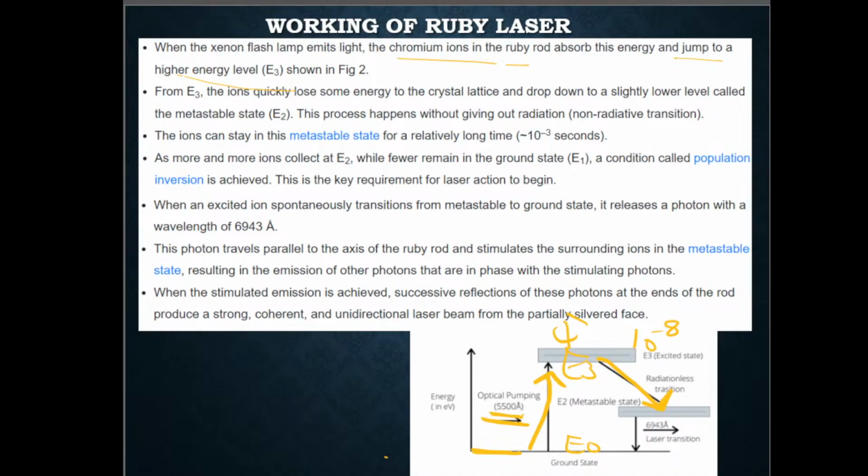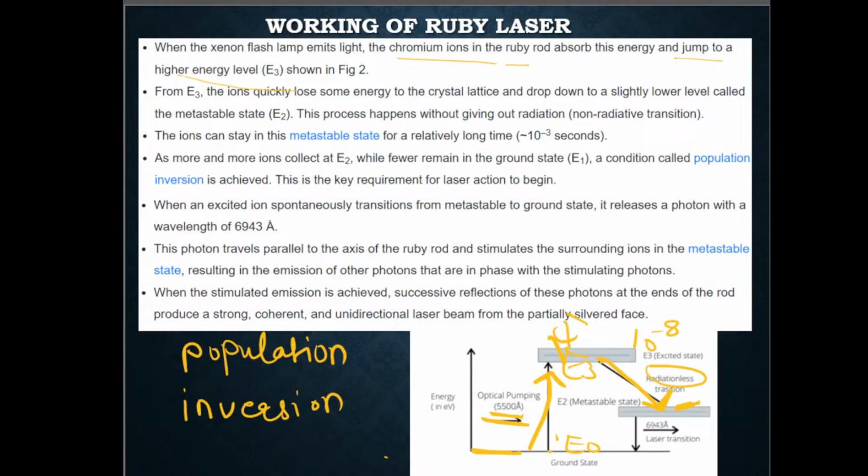Okay, so the metastable state is used for acquiring a population inversion, right? Rupesh, right? For population inversion. Good. Thank you for responding, Rupesh. It's the right answer. So the electron that transits from E0 to E3 will again transit from E3 to E2 by spontaneous emission.